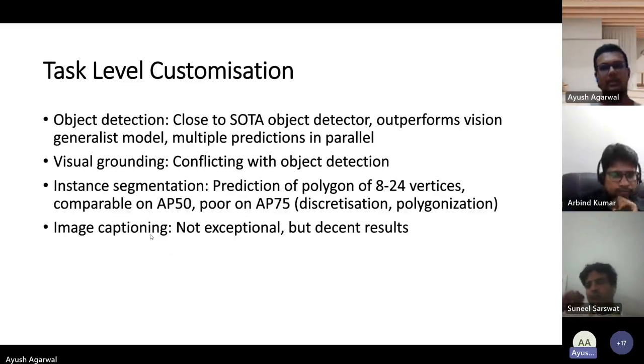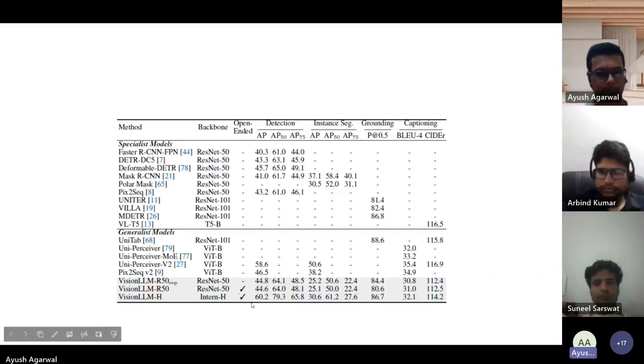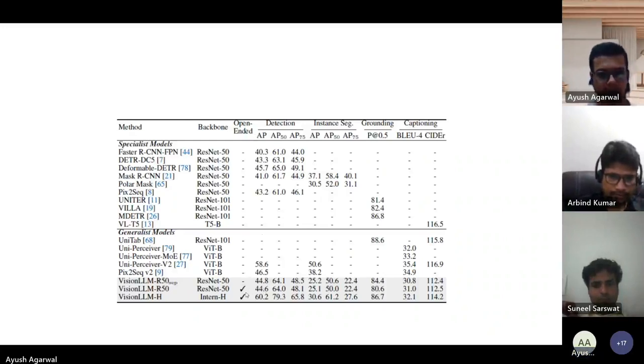And for the image captioning task, the results were decent, not really exceptional. So this is the table. In this we can see that for the open-ended decoder format, we have slightly degraded results compared to the close-ended one.